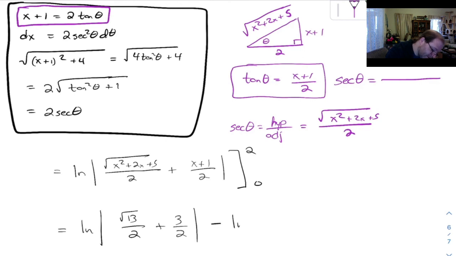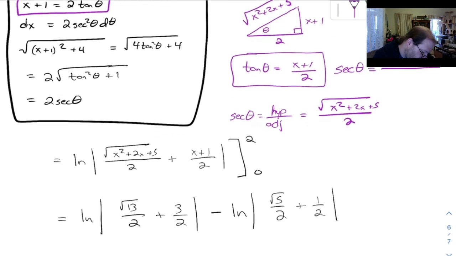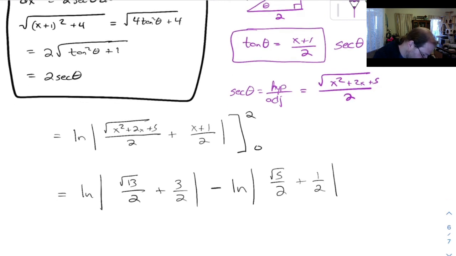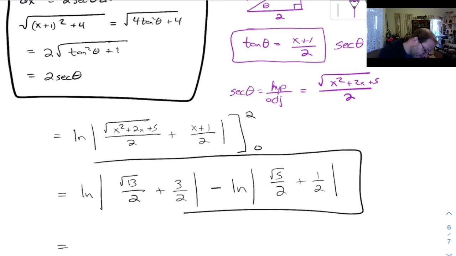Then when you plug in the 0, you get square root of 5 over 2, and then you get plus 1/2. And I guess we could leave it like that. We could also drop all these absolute values because everything inside of there is positive. And then I guess we could also factor the 2 out. But I'm not going to do any of that. I'm just going to leave the answer like this.